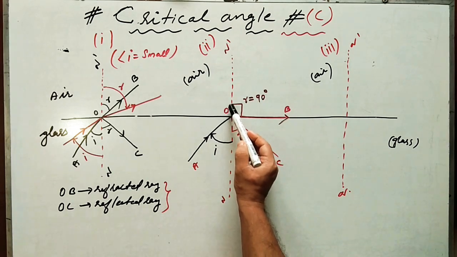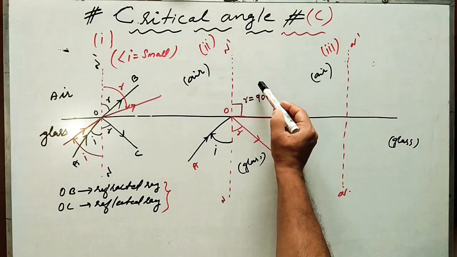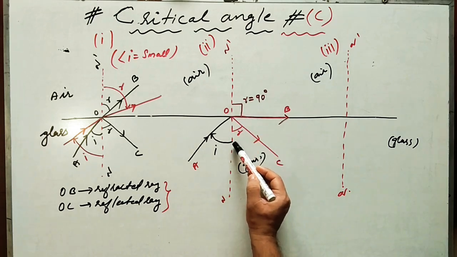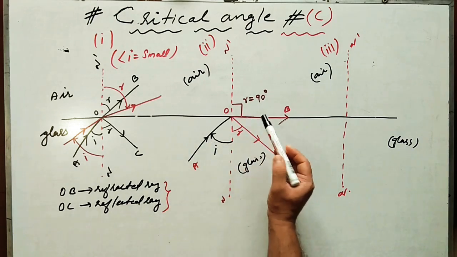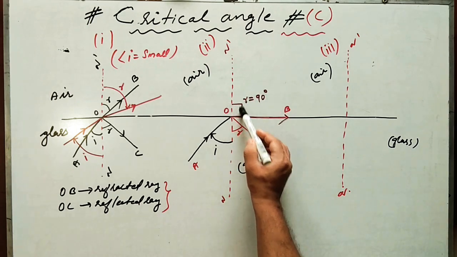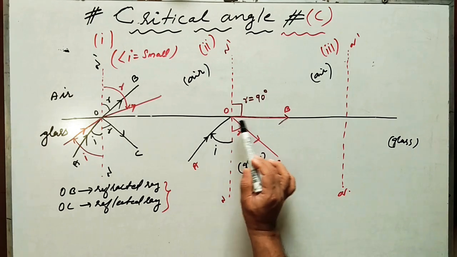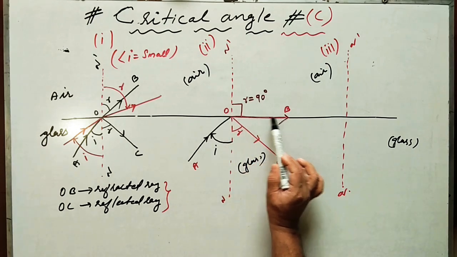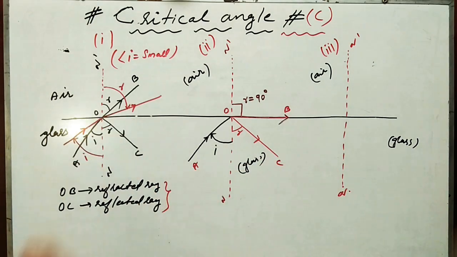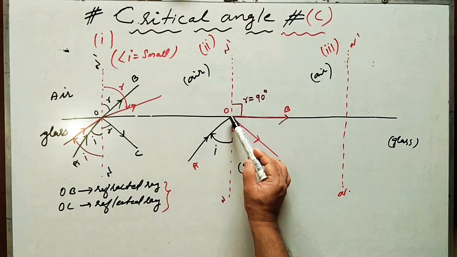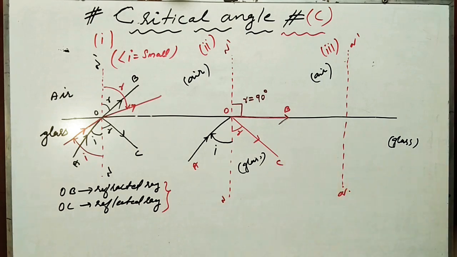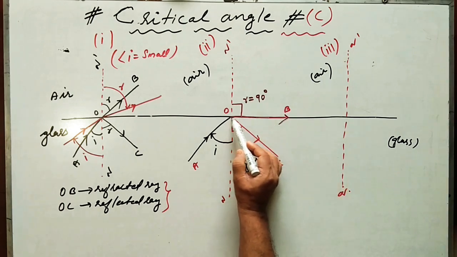If you increase the angle of incidence such that the angle of refraction in the rarer medium becomes maximum, that is angle r is equal to 90 degrees, you can see that the refracted ray OB is passing along the surface of separation between glass and air. We call this grazing emergence.